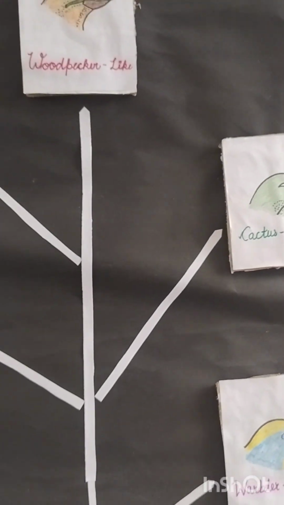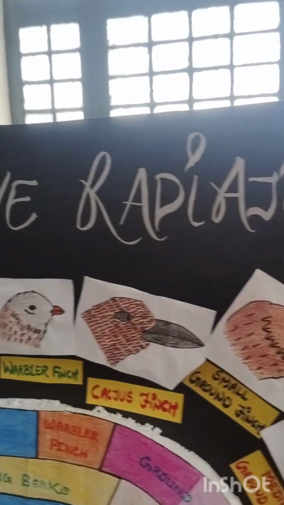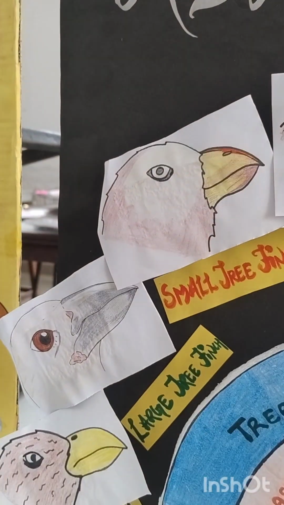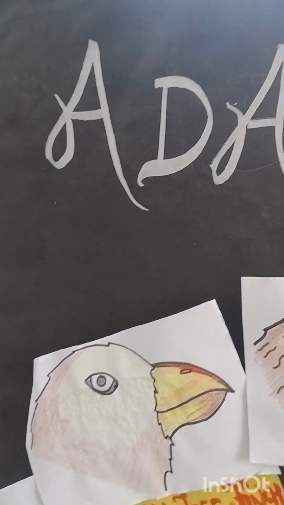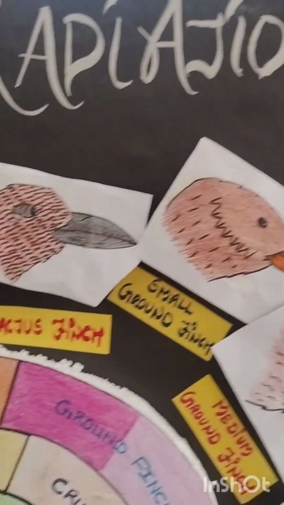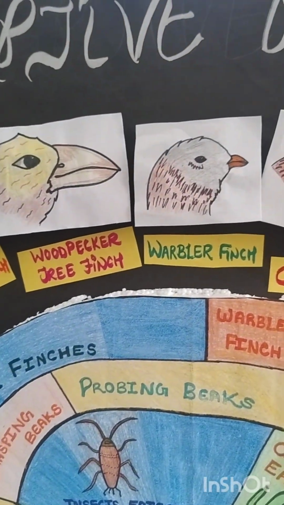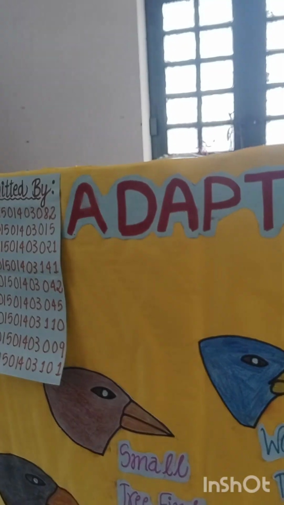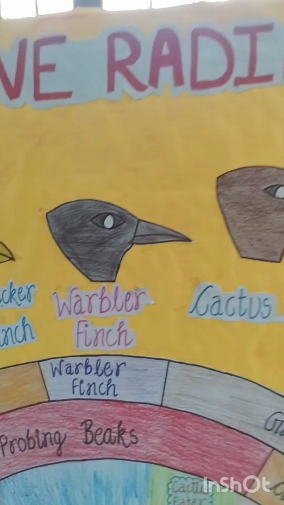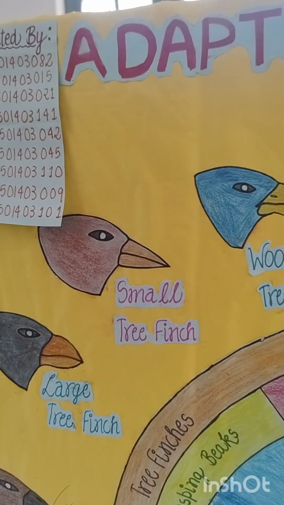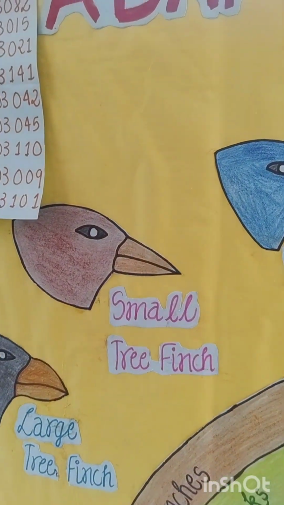Again, the same thing: different kinds of beaks, different kinds of food habits. So this is an example of adaptive radiation also. This is again submitted by students in a group. You can see the variation in their beaks.